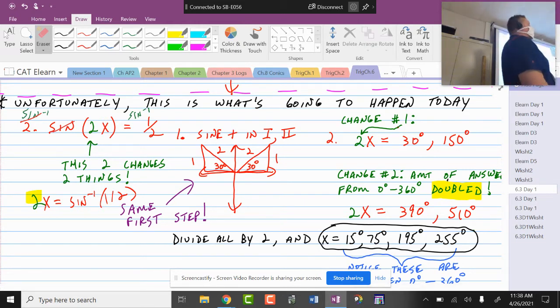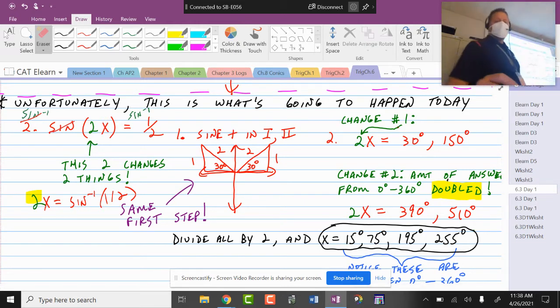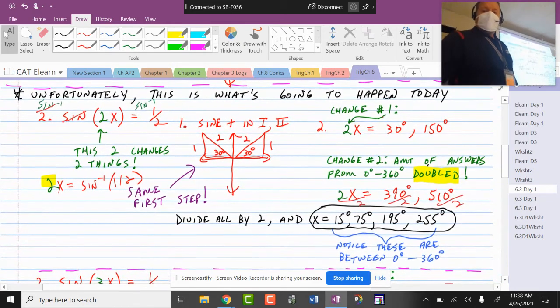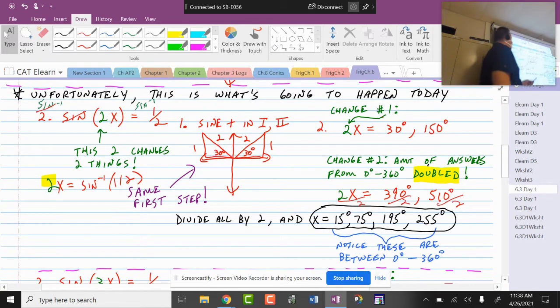Then you divide by 2, and that's where the 390 and 510 come from. But then you divide by 2, and notice these other two answers, 195 and 255 as a final answer, actually fall between 0 and 360. So those are valid answers.